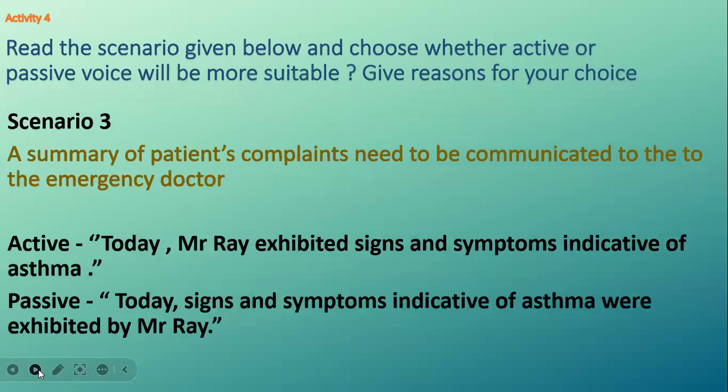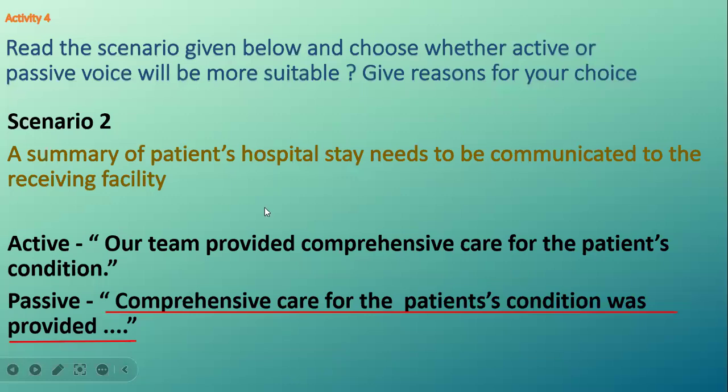This one, okay, for Gurvinder, when you're already transferring the patient from your hospital to another facility, that facility wants to know what care was provided to the patient or what treatment was provided to the patient.